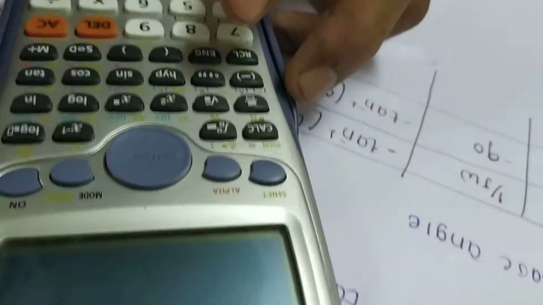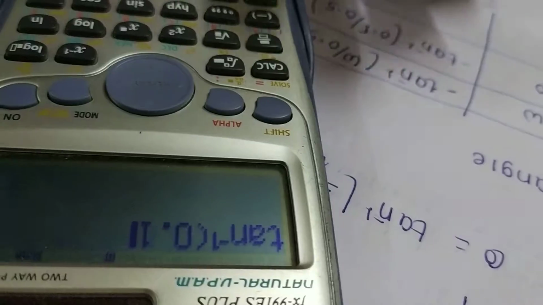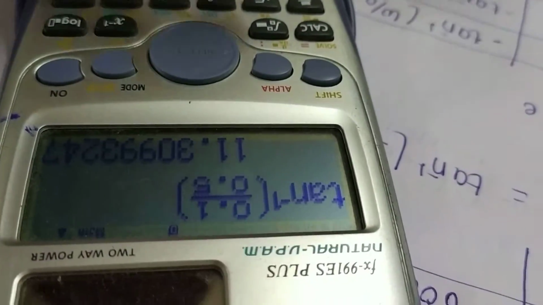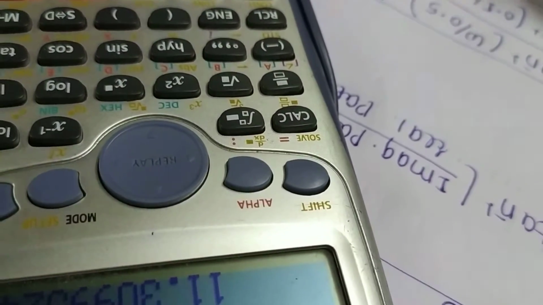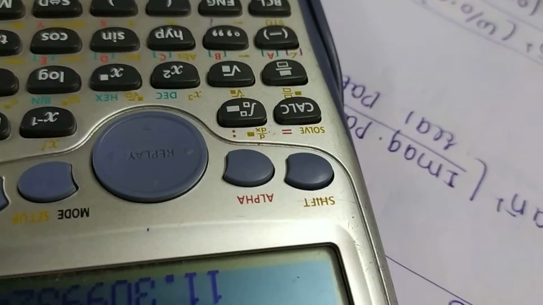See, on the calculator in degrees mode, tan inverse of 0.1 upon 0.5. What is the value we are getting? It is 11.30, the first value.